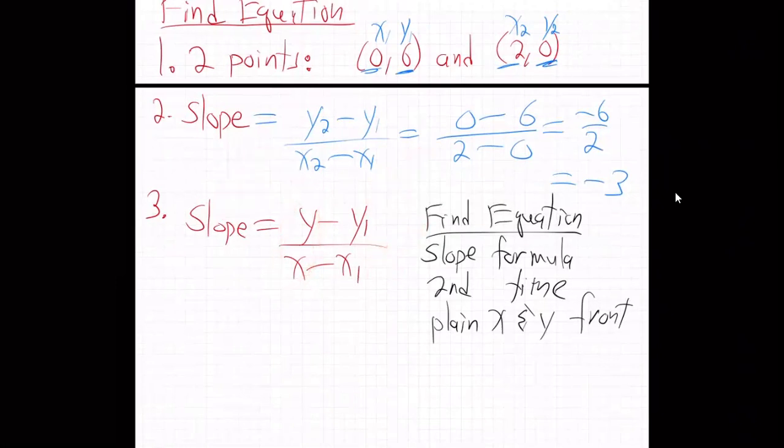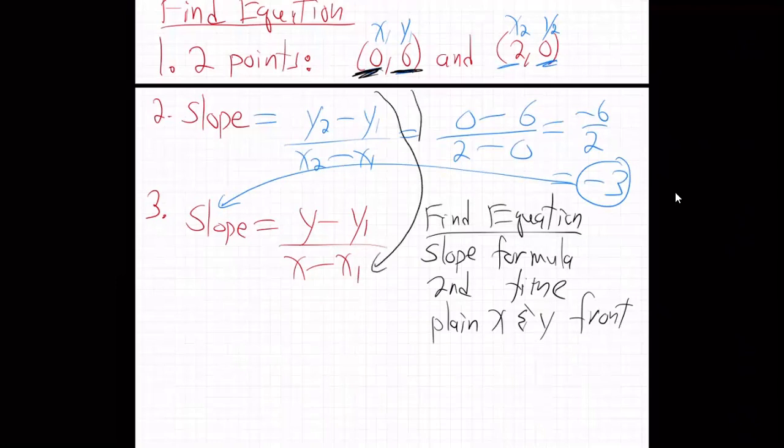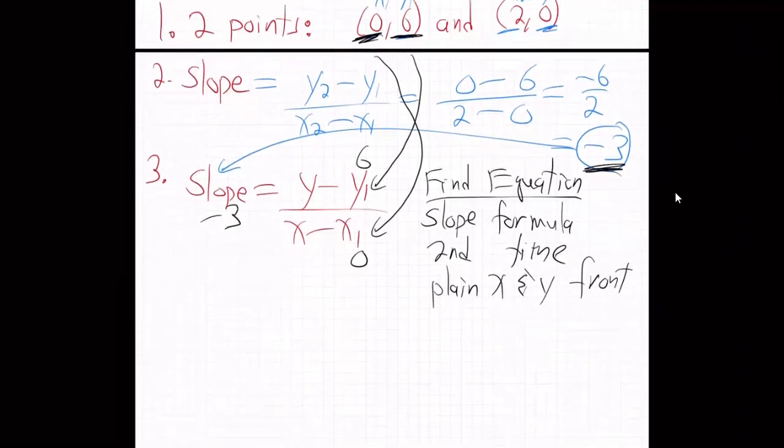I'm going to grab the slope right here, put it in. And then I'm going to grab x1 and y1: 0 and 6. And the slope, minus 3 right here. There we go. So let's write that.